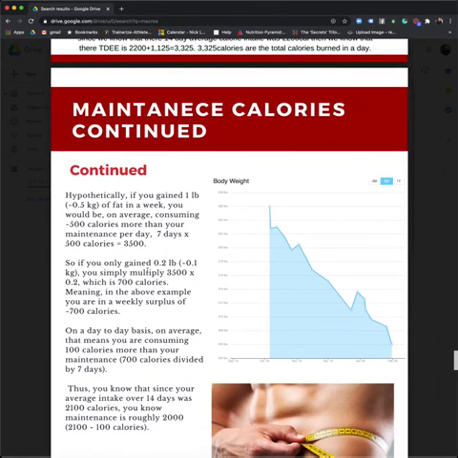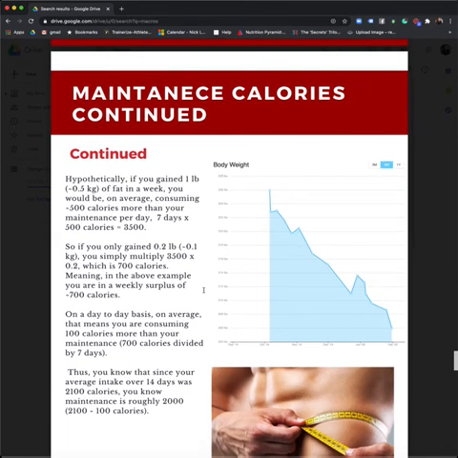If you only gain, say, 0.2 pounds, you would simply multiply 3,500, because 3,500 equals 1 pound of fat, times 0.2, which gives us 700 calories, meaning you would be above your weekly maintenance by 700 calories, which over a 7-day period is about 100 calories per day over what you would need.